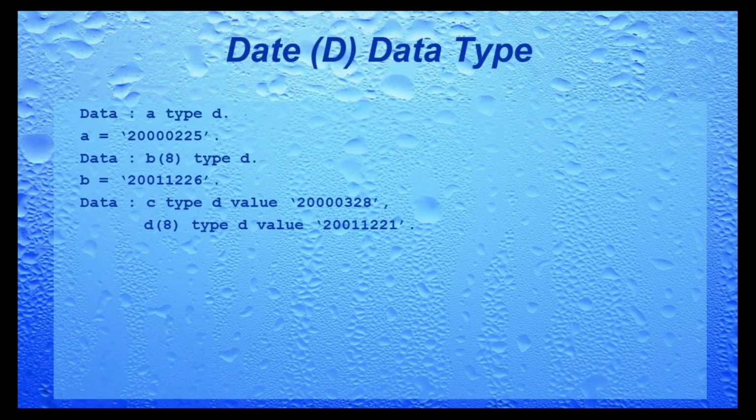Sir, for float, is there anything we have to mention, like A of 10, float F, and then in the next line A is equal to some 5 values, point something values?